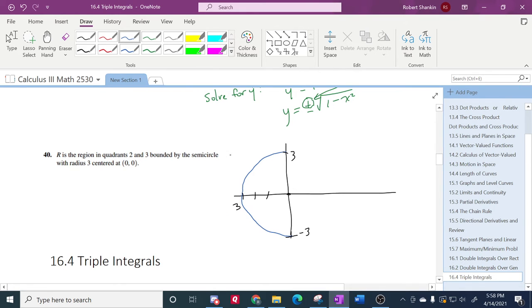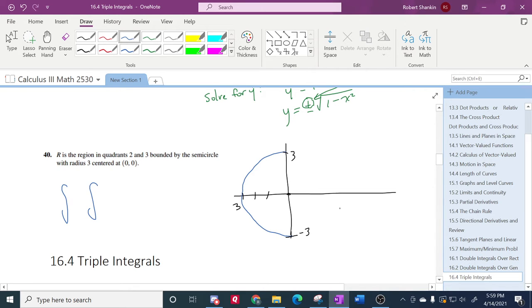Ah, yes. Because we don't want to do the upper function and the lower function. We want to do the leftmost and rightmost. So we want to set this up. If you're going to be setting it up like this, the region R.